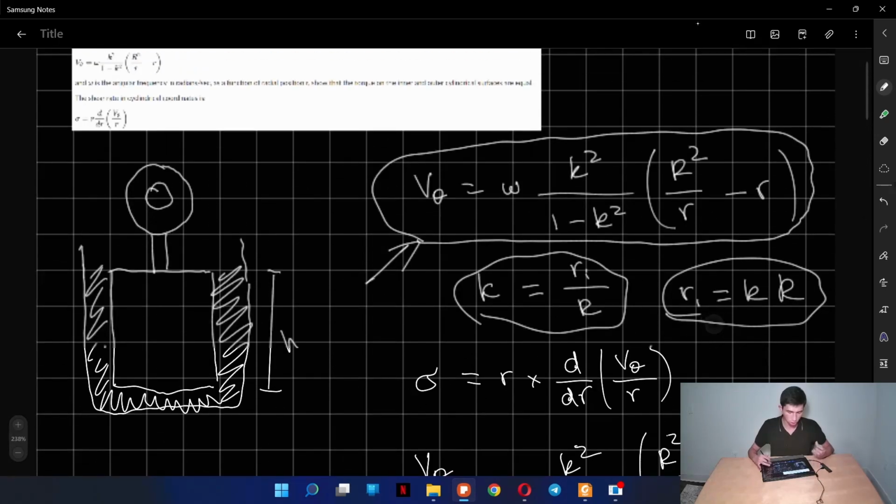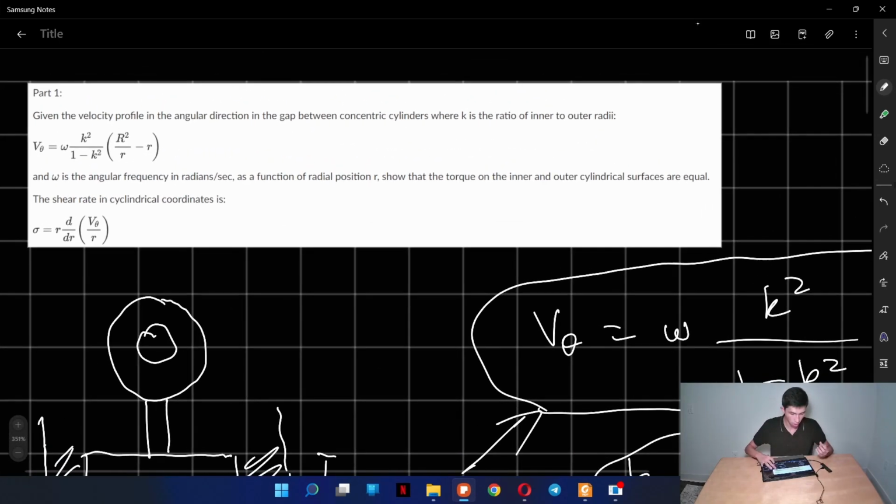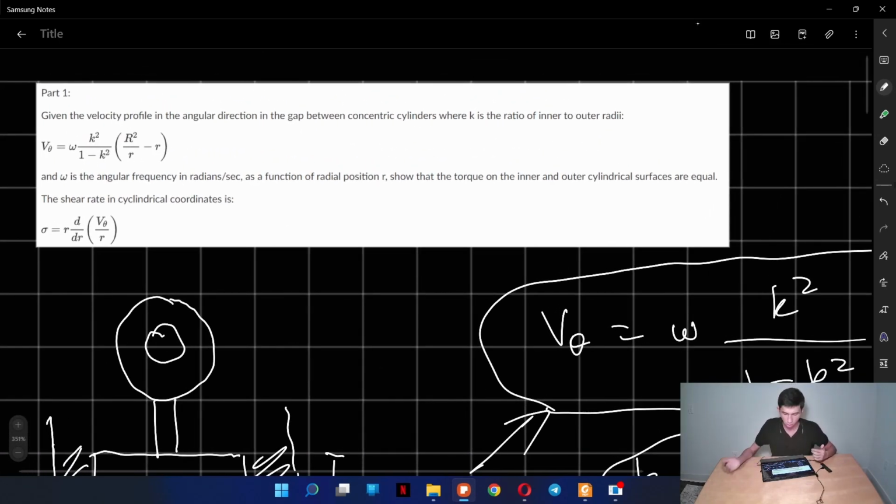This is how we got the answer for our first question, where we were asked to show that the torques at the inner and outer cylindrical surfaces are equal, using the already determined velocity profile and shear rate equation in cylindrical coordinates. Thanks for your attention.